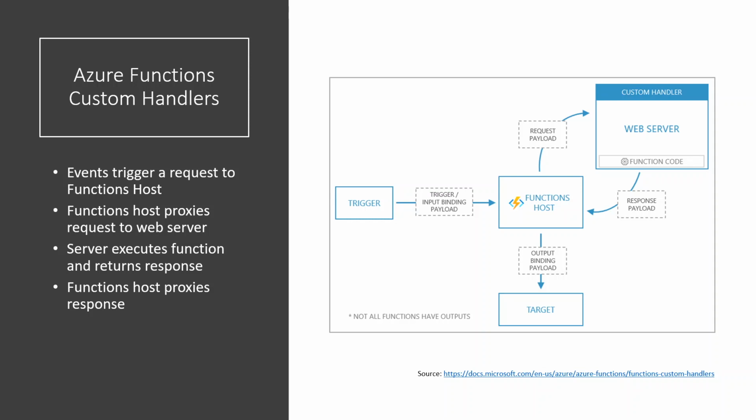Another scenario, which I'm going to show throughout this talk, is: what if I've already written a web server in a language, whether that is supported or not supported? I'm going to show the scenario where I write a server in a supported language, F Sharp, but do things a little bit differently.